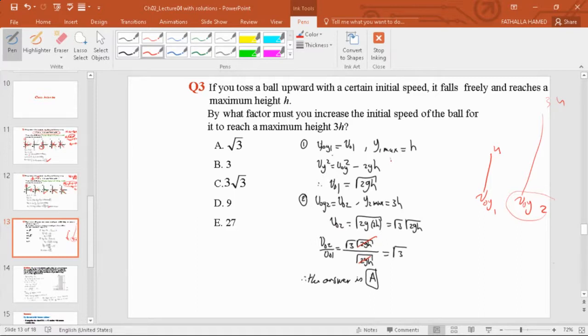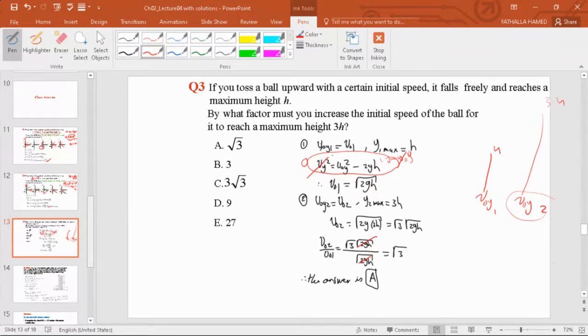You know that your equation is Vy squared equals V0y squared minus 2g times y minus y0. You choose your y0 equal to 0, and of course the maximum will be h. That's why we have 2gh. At the maximum height, your Vy is equal to 0. So you can take this to the other side with a positive sign. So V0y squared equals 2gh.